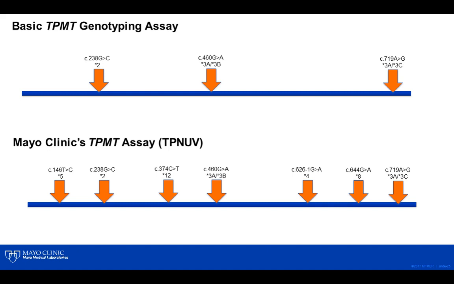But in this new example, you can see that the position is in a location that is not denoted by an orange arrow in the top assay, so therefore this assay would not be able to detect this patient's genetic variant. On the other hand, in the more comprehensive assay on the bottom, there is an orange arrow located in the position where the yellow variant is, and therefore this test would detect this variant.